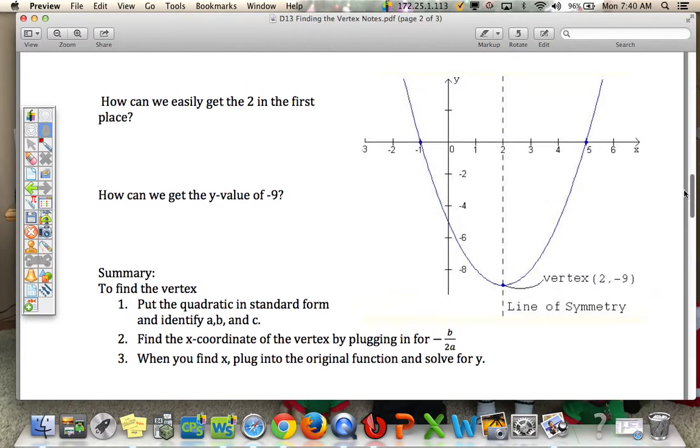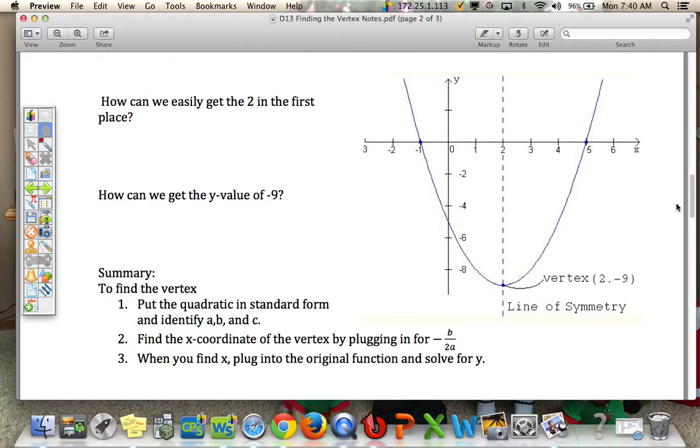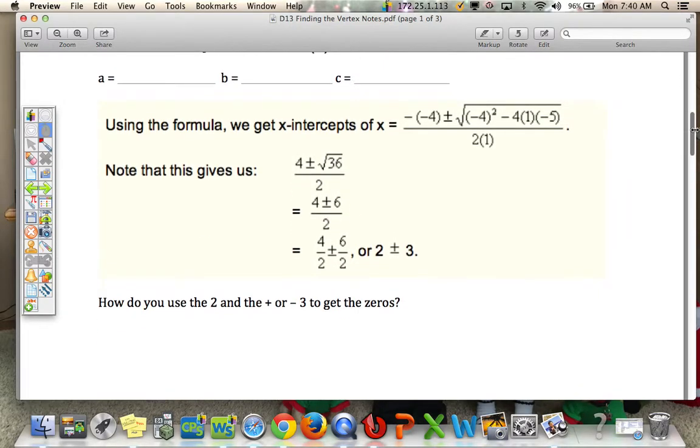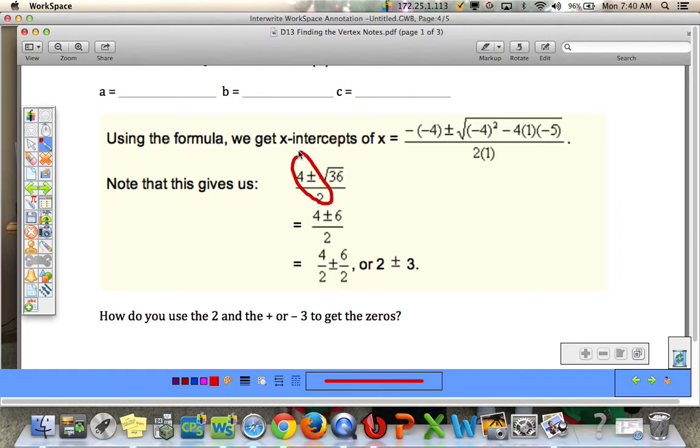How can we easily get the 2 in the first place? Well, remember how we got the 2 before. Using the quadratic formula, it was this part, 2, and that came from this 4 divided by 2, and if we go up, that comes from this right here, and if you remember, this is b plus or minus something, and we're not looking at that right now, all over 2a.